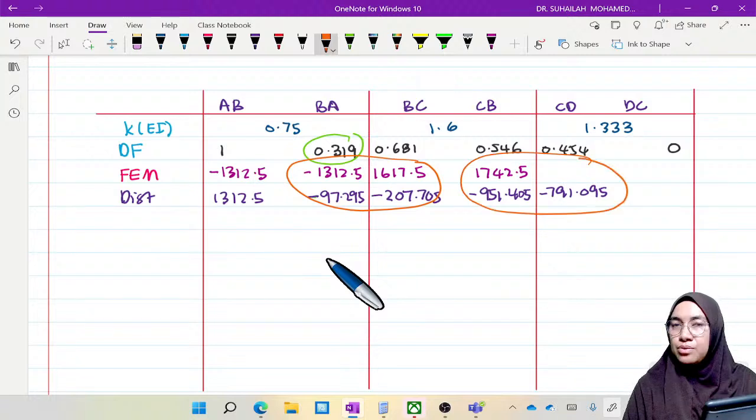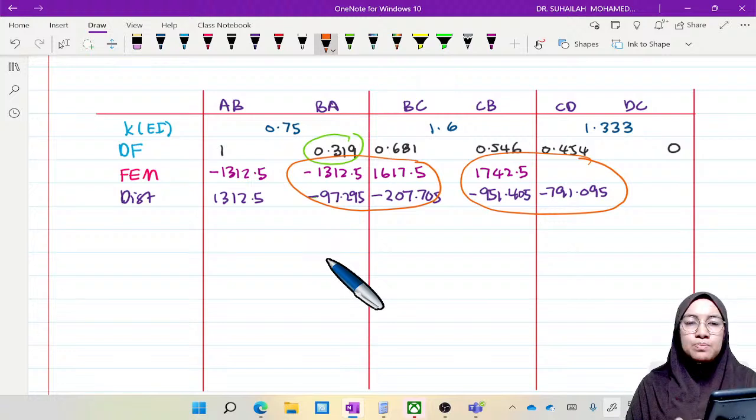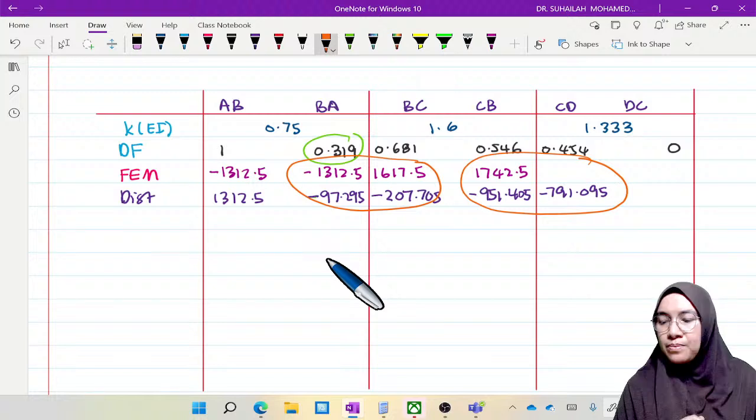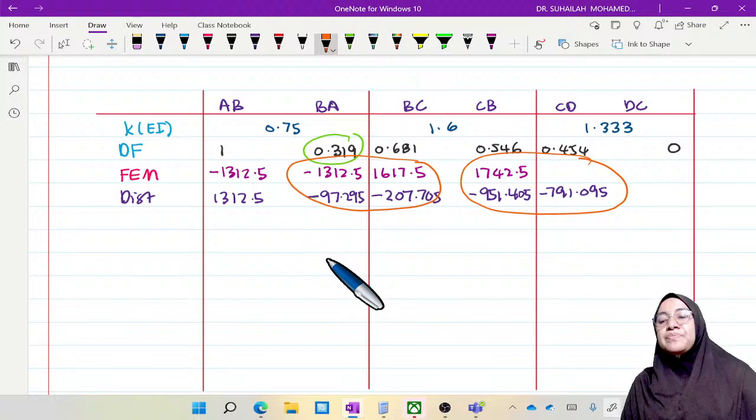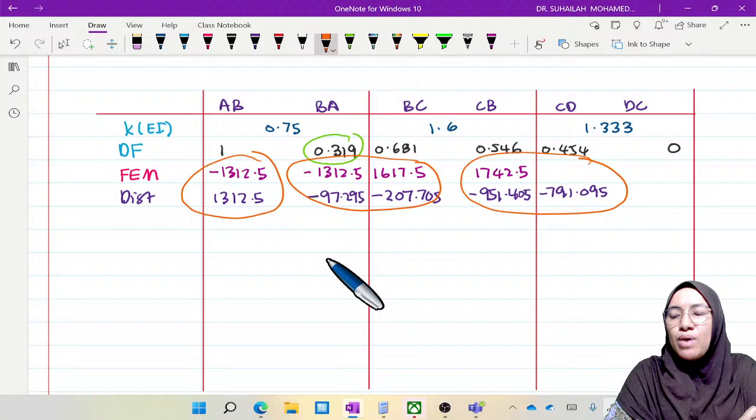We get 1742.5 minus 951.405 minus 791.095, so we get 0. Okay, that is distribution. This is also 0: negative 1312.5 and 1312.5 is also 0.